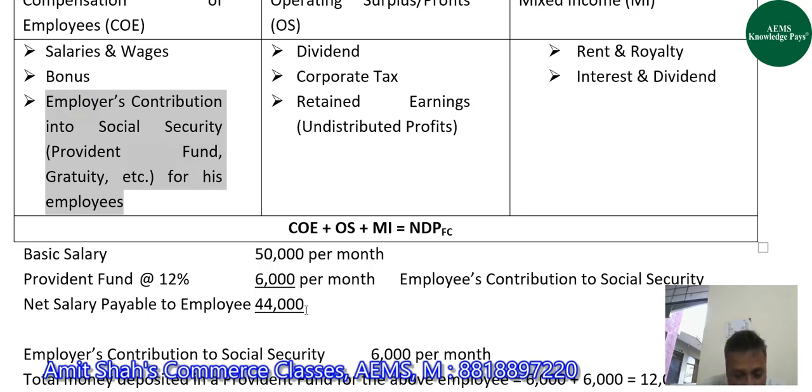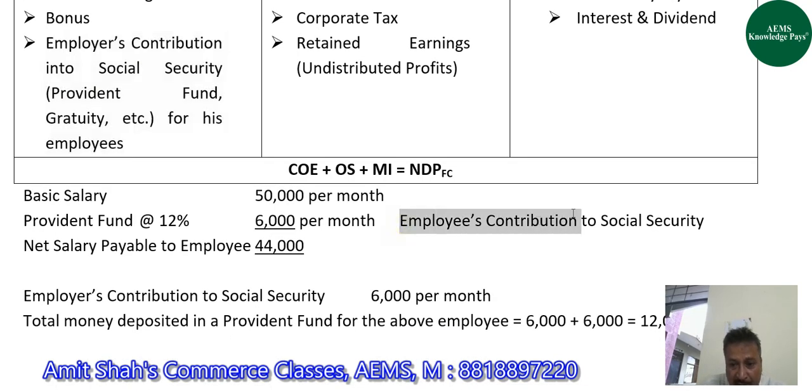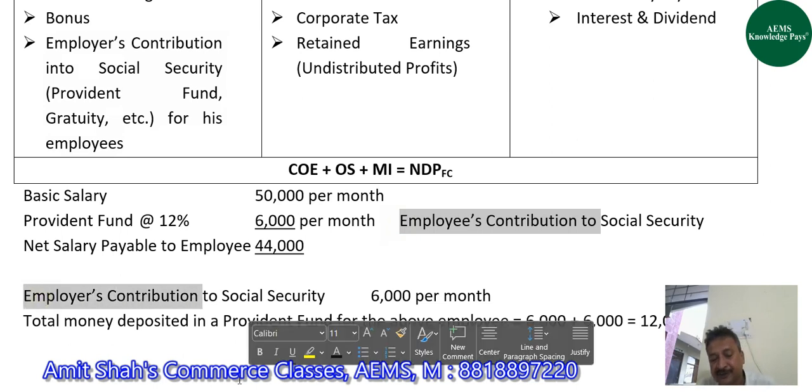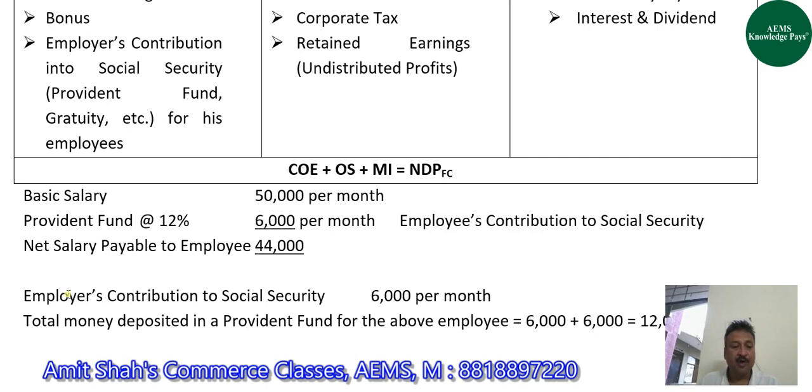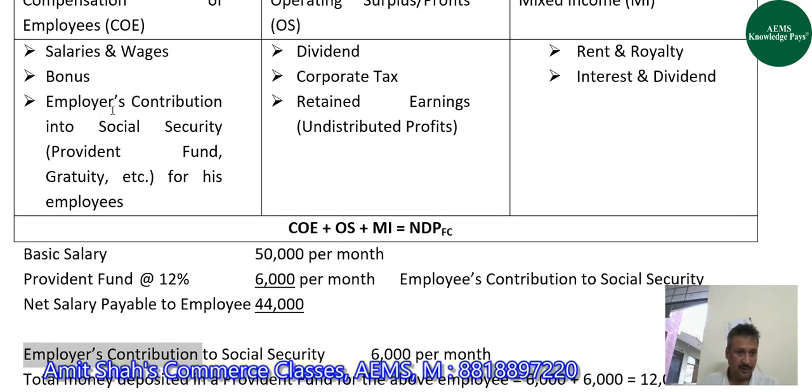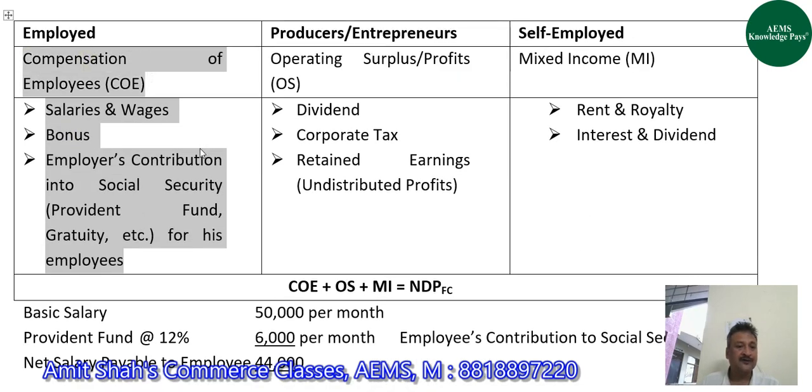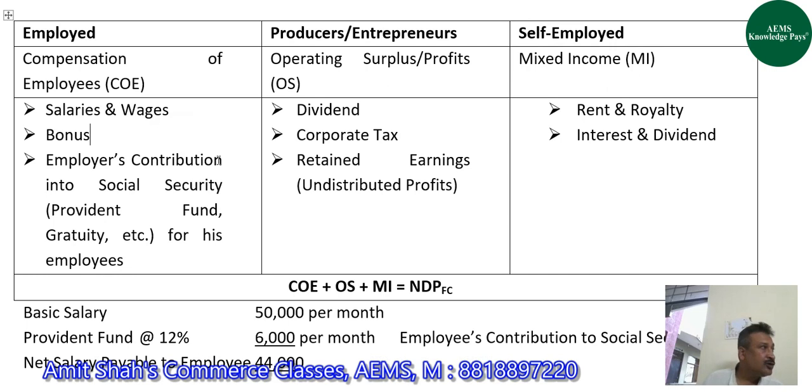Sometimes to confuse students, employee's contribution and employer's contribution both are given in questions. What you have to consider is only employer's contribution. You should take basic salary from the question, right? And employer's contribution and bonus. So these three things you should take to calculate the amount of COE. Am I clear or not, guys?